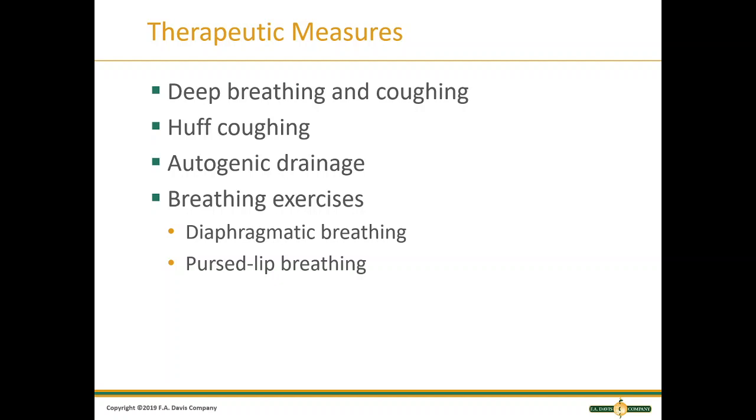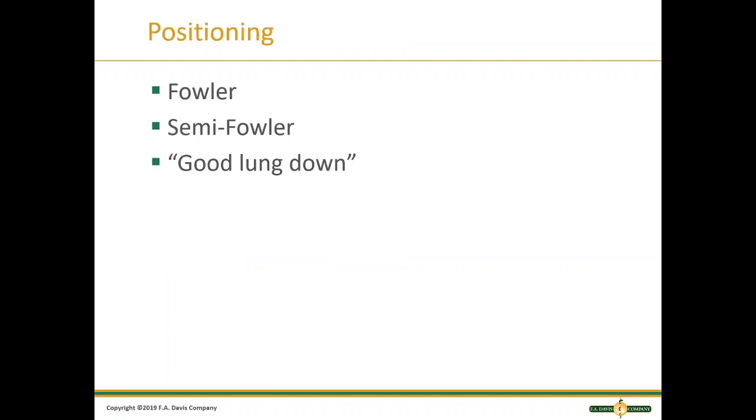They have a weak cough and airways that collapse easily, so huff coughing may work better for them. Instruct them to deep breathe and cough as just described. Instead of closing the glottis to generate a forceful cough, the patient should keep the glottis and mouth open. So you can read all about this on page 538.